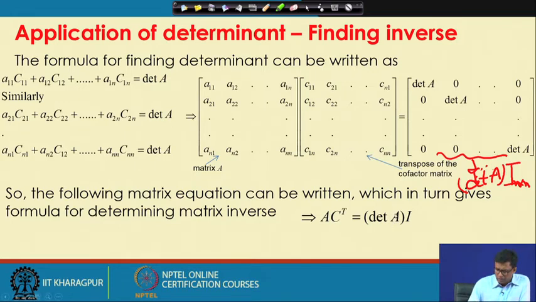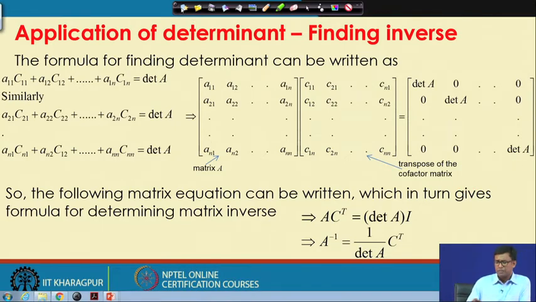So, we can divide both sides by determinant of A and write A into C transpose by determinant of A is an identity matrix. A into anything which gives an identity matrix is the inverse of A, and therefore, we can write A inverse is the transpose of the cofactor matrix divided by the determinant of A. So, this is one way we can utilize the determinant to find the inverse of a matrix.